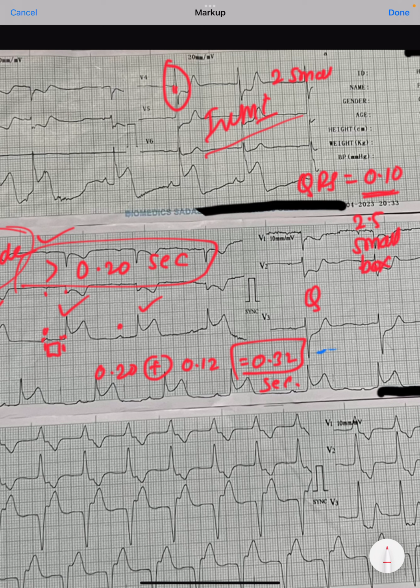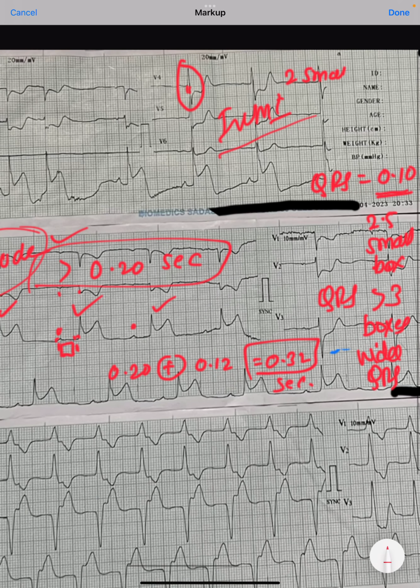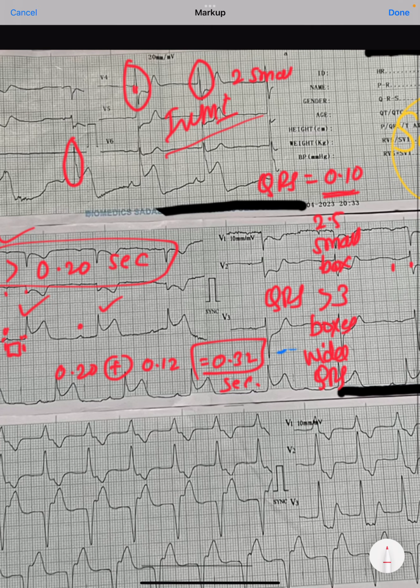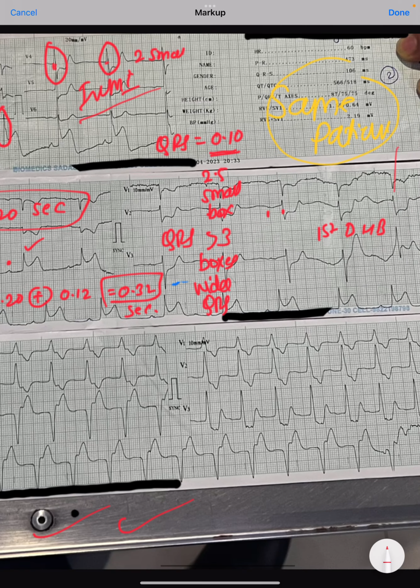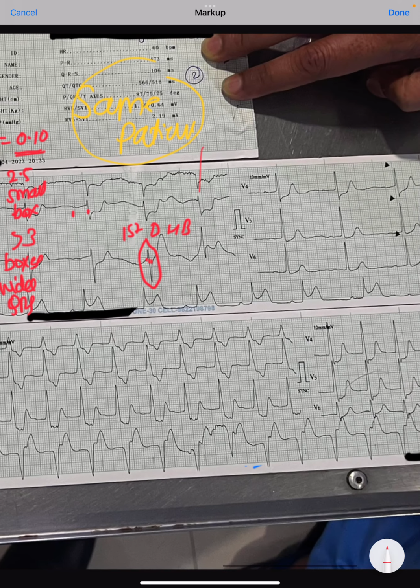If the QRS is more than 3 boxes, we call it wide. Here the QRS is very sharp. Here the QRS is very sharp. It is hardly one or two small boxes. And here also we can see that QRS is pretty narrow. Here you can see that the QRS is very narrow.